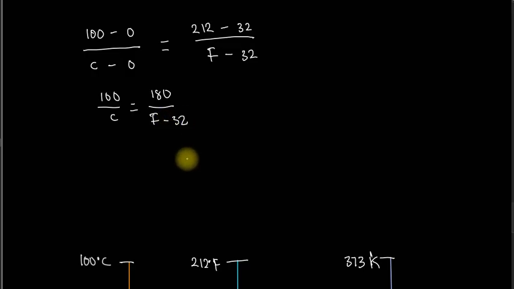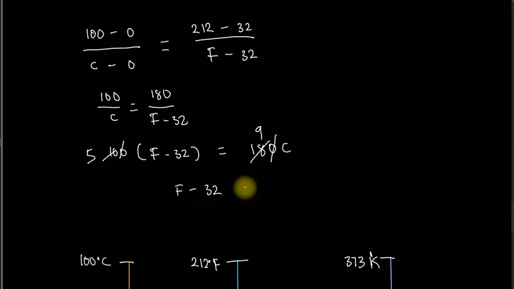So cross multiply and simplify. So 100 brackets F minus 32 is equal to 180 C. Here we can actually divide to the lowest term. 0 cancels 0, 2 here 9, 2 here 5. So we are left with F minus 32 is equal to 9 over 5 Celsius.